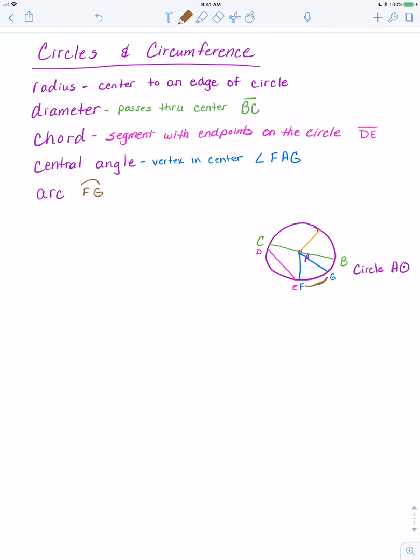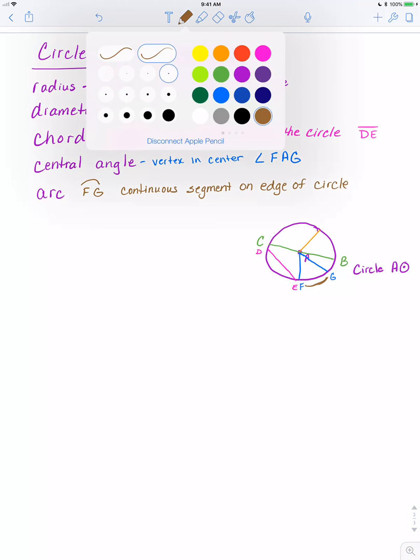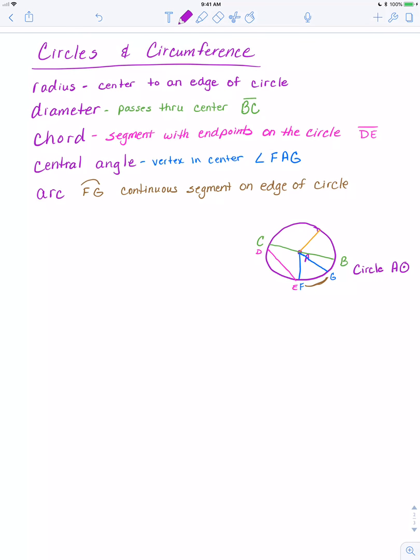So it's like a continuous segment on the outside of the circle. Okay, so those are some of the definitions that we need to know.